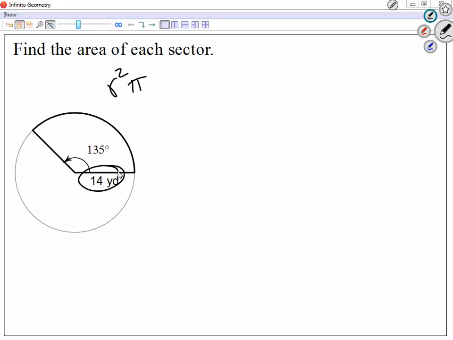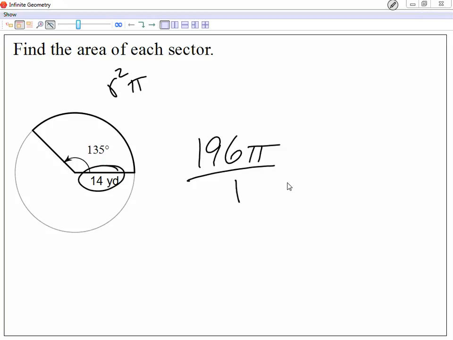Notice that the radius is 14, so 14 squared is 196. So the area of a circle will be 196 pi over 1. I'm going to make it a fraction, and I can easily make it a fraction by putting a 1 underneath. So once again, the area of this circle is 196 pi over 1.